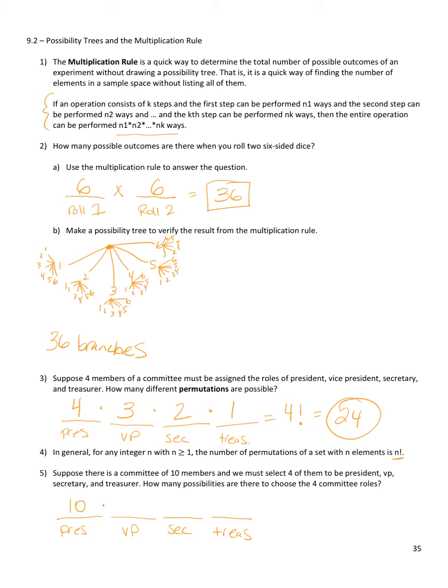When I choose the vice president, I don't have all 10 because one of them's president now, so I have 9. Then I have 8 people, and then I have 7 people. So when I multiply those, I get 5,040 possibilities for choosing a board, president, vice president, secretary, and treasurer out of 10 people.